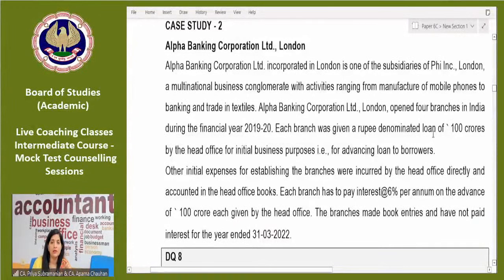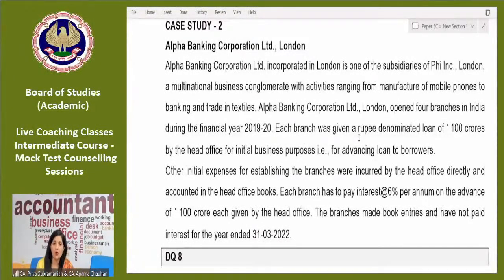Each branch was given a rupee-denominated loan of 100 crores by the head office for initial business purposes, that is, for advancing loans to borrowers. Alpha Banking Corporation is a non-resident foreign entity, and it has opened 4 branches in India. The residential status of the branch depends on the residential status of the foreign company.